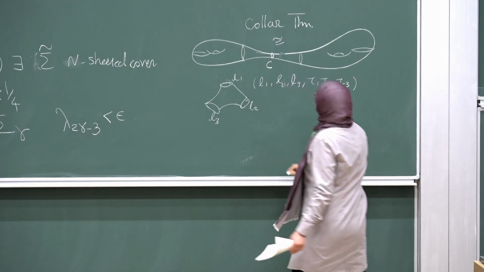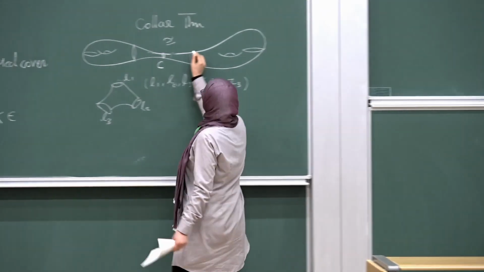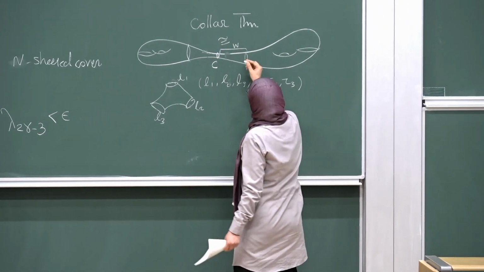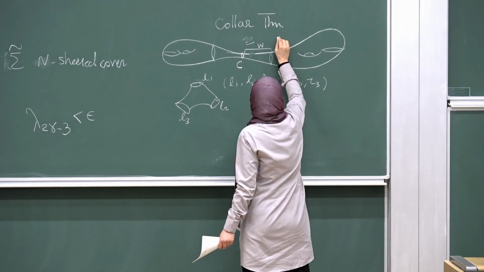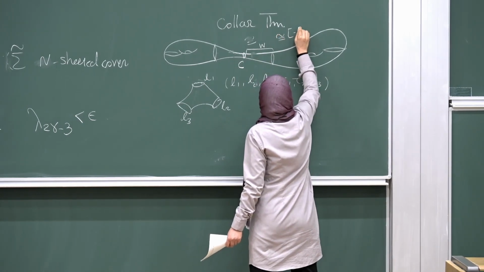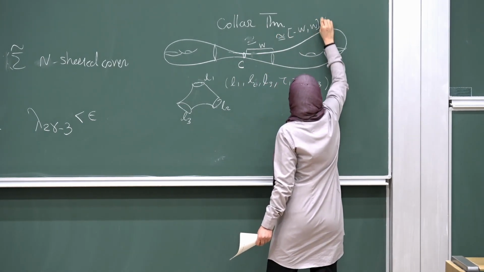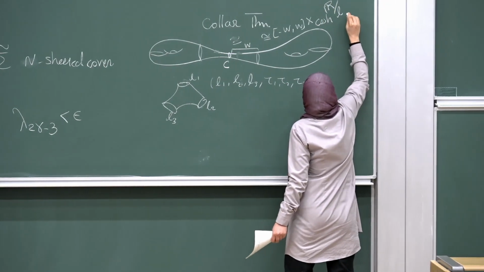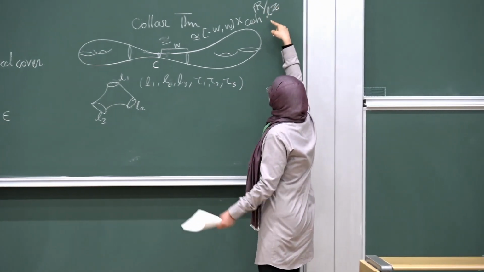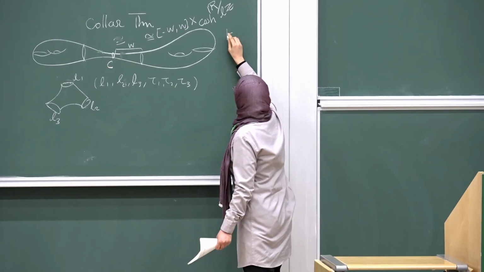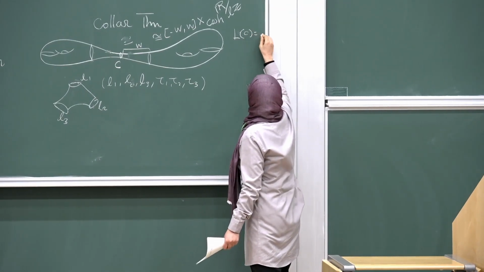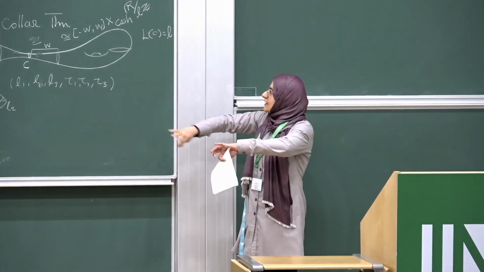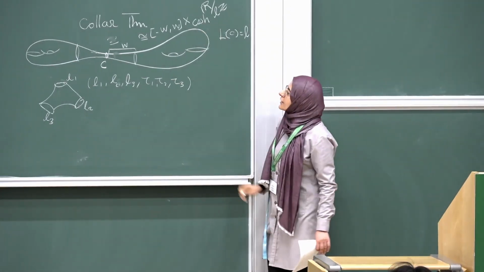This collar has a width which relates to the length of my closed geodesic, and it is isometric to a warped product, a circle of length L. So if the length of my geodesic is L, we have kind of a cylinder type, but it's a warped product.